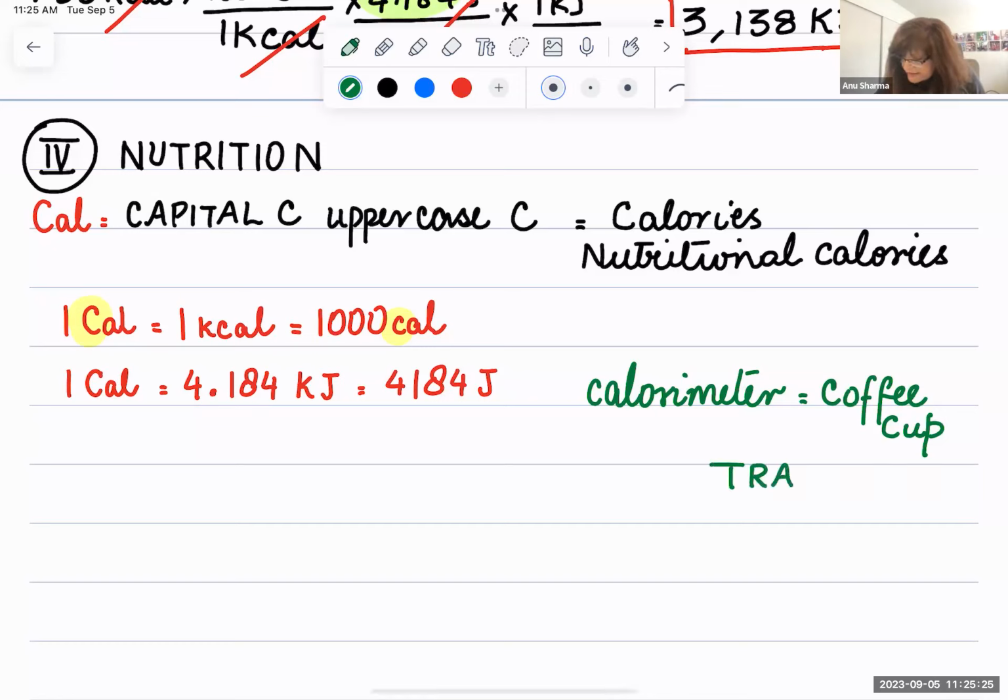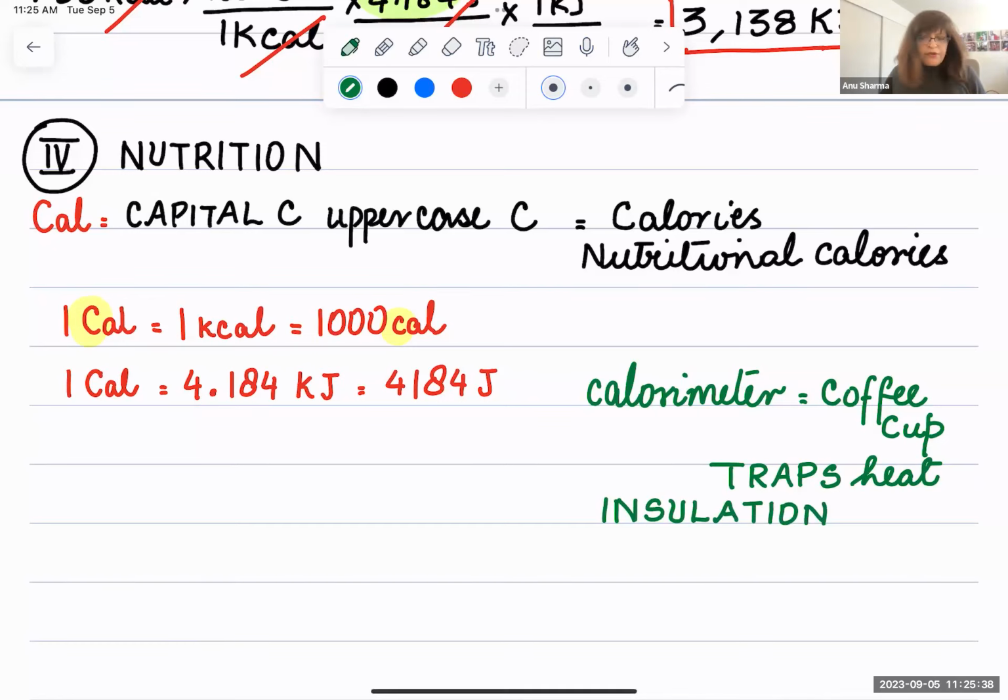It provides some insulation, which means the heat cannot escape for some time. It's only temporary because these coffee cups also get hot.